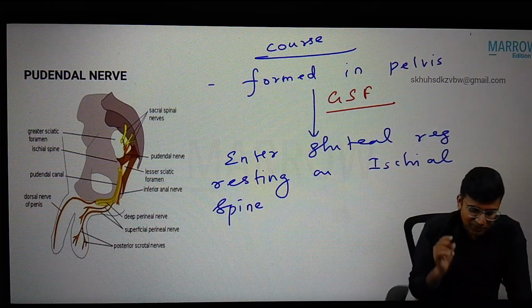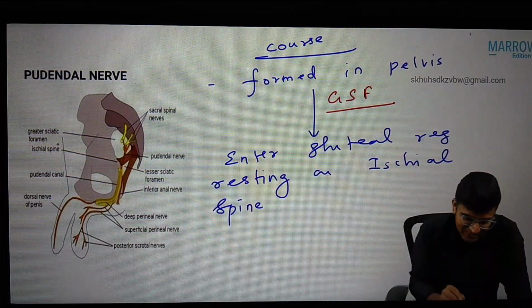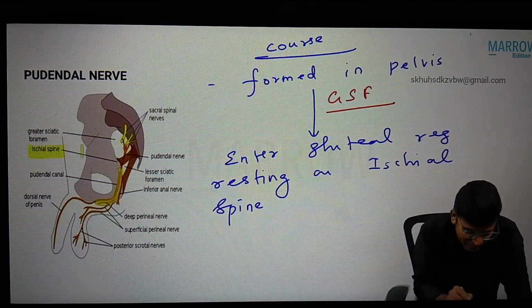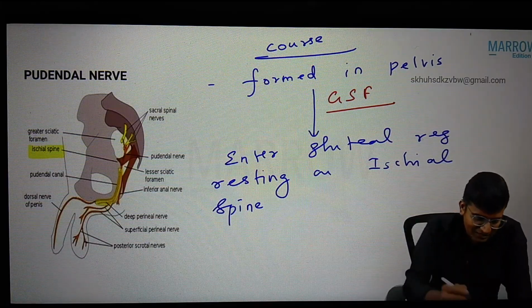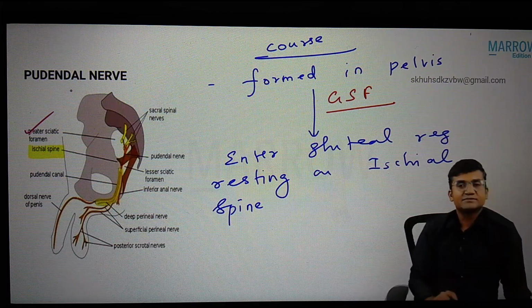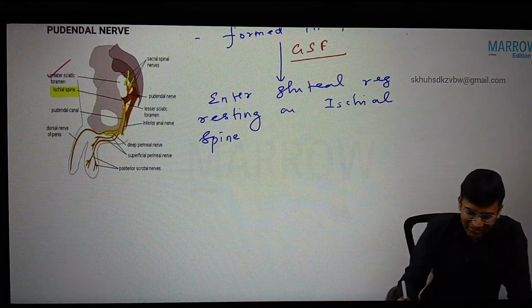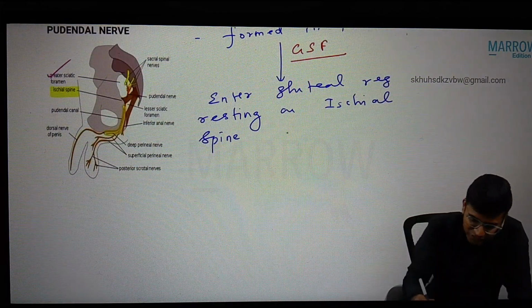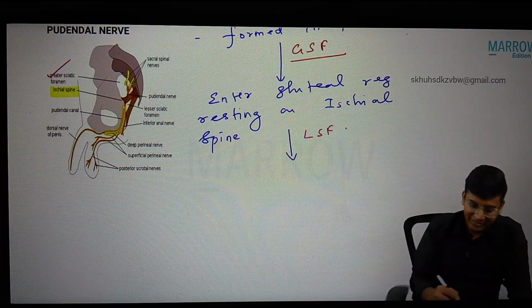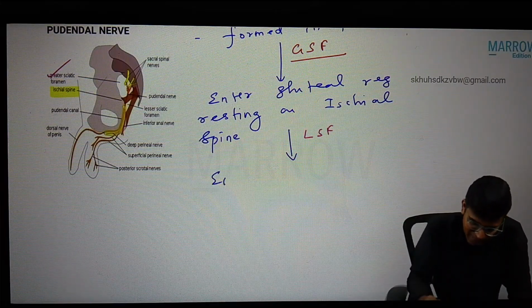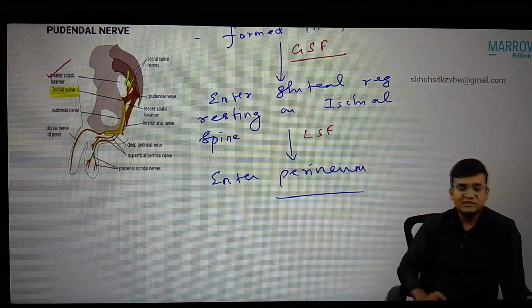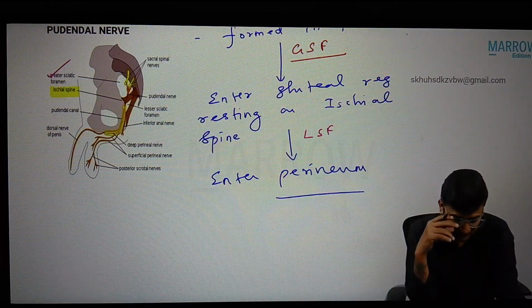See the diagram? From here, the nerve passes through the lesser sciatic foramen and then enters the perineum. This is the course of our pudendal nerve.